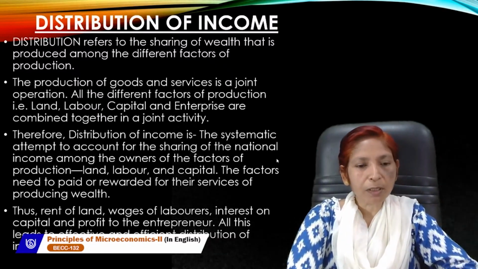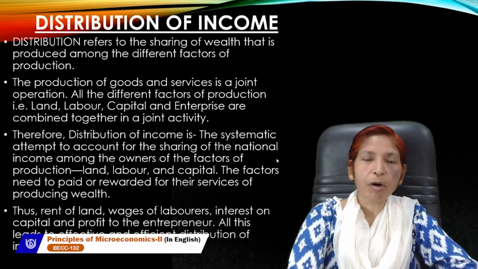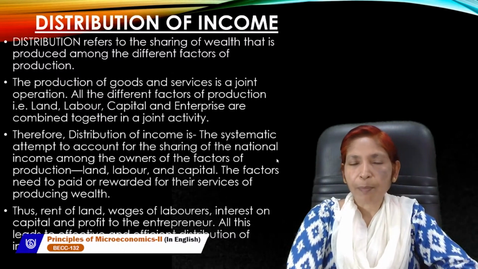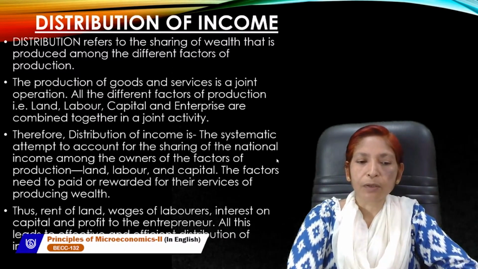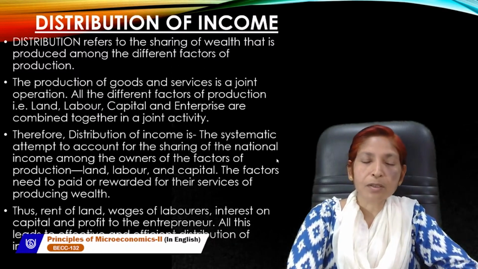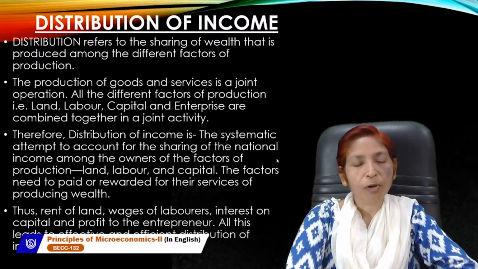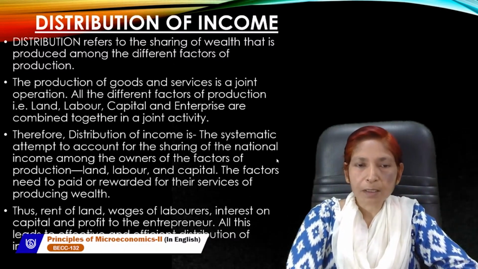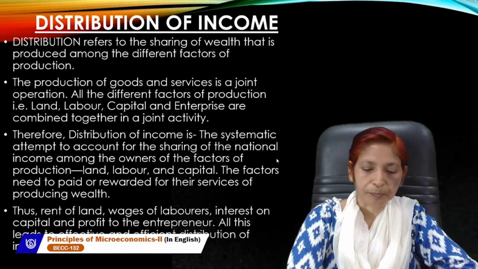Income is distributed to labor in the form of wages. Income is distributed to capital in the form of interest. And income is also distributed to the entrepreneur in the form of profit. So rent, wages, interest, and profit are the reward of these factors of production.